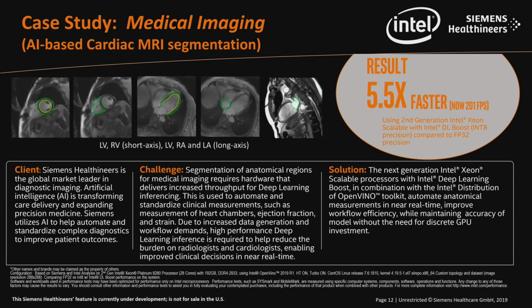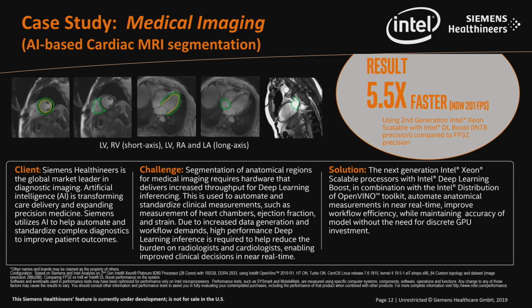If you were at the launch today, Lisa had Siemens on stage talking about the medical imaging they did and how DL Boost has been improving their performance. Siemens Healthineers is a global market leader in diagnostic imaging. Their solution with DL Boost in combination with OpenVINO, which is our deep learning toolkit, improves performance about 5.5x over existing infrastructure.